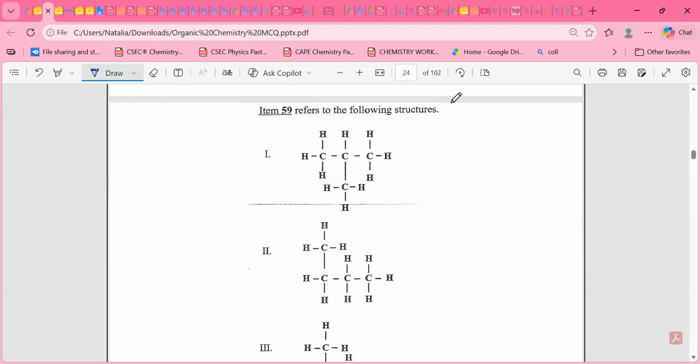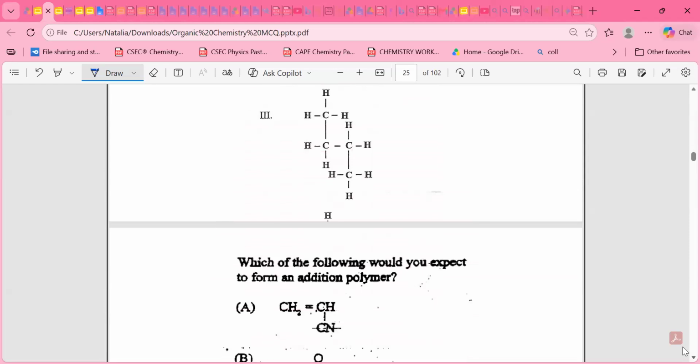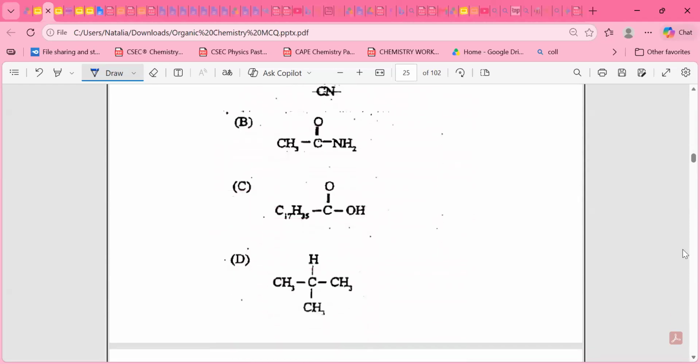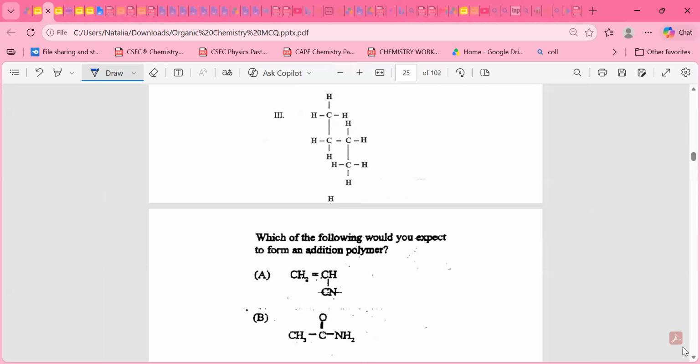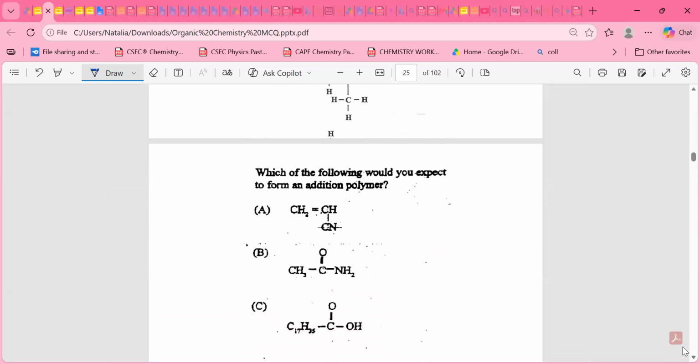Items 59 refers to the following structures. Oh, that's the picture. Which of the following would be expected to form an addition polymer? So earlier we said that the monomer unit must contain a carbon double bond.